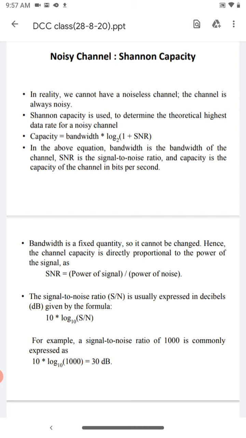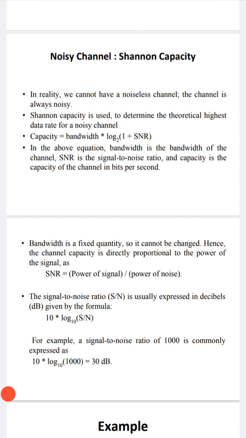Hence, the channel capacity is directly proportional to the power of the signal. Then you have to find out the SNR value, and only then can we apply it in the capacity formula. So SNR equals power of signal divided by power of noise.